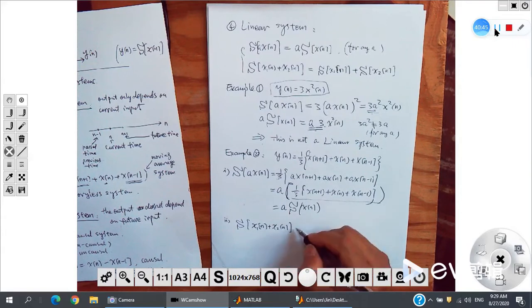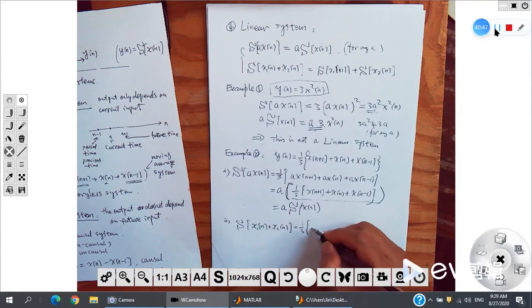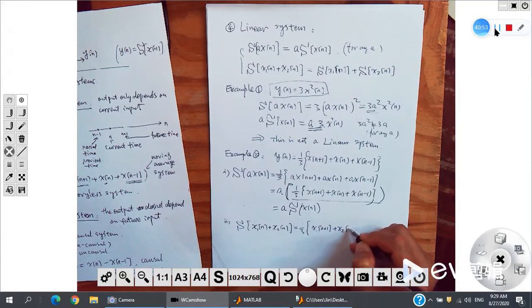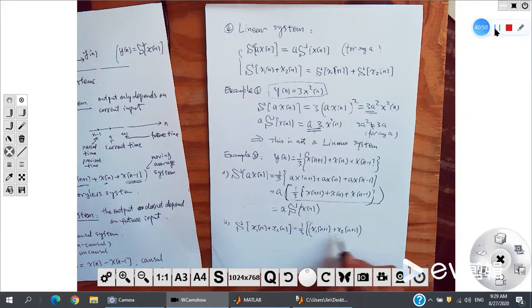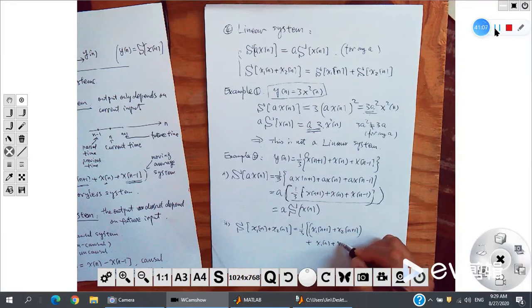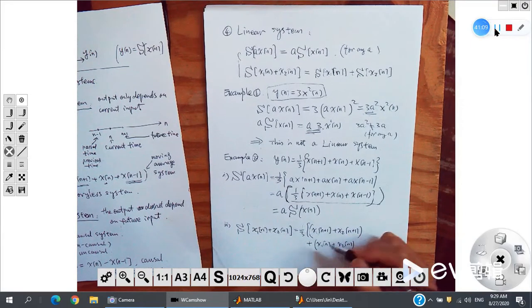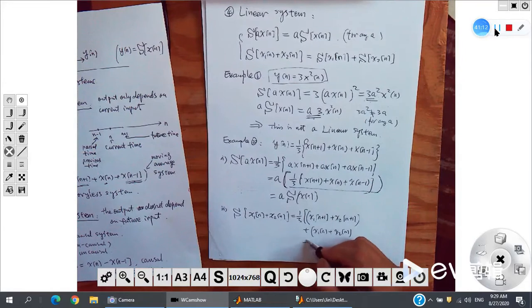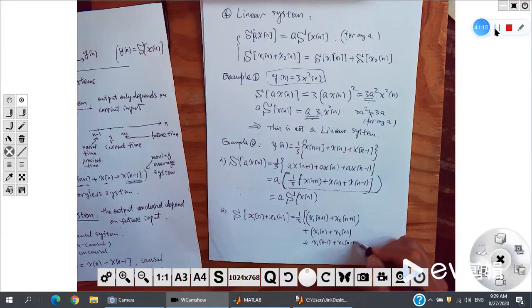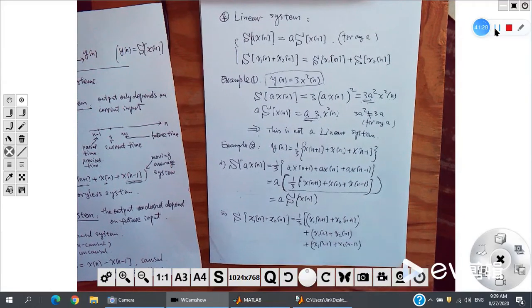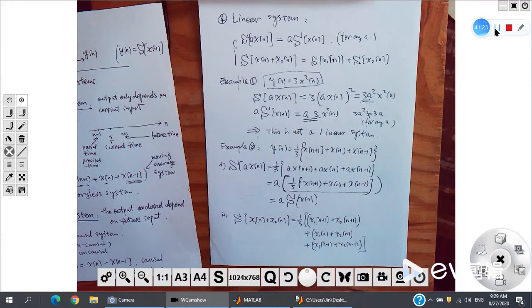Then the output will be 1/3 of the input at time n plus 1, where the input is the summation of x1 and x2 at time n plus 1, and the input at time n, and the input at time n minus 1. Alright, what is it?